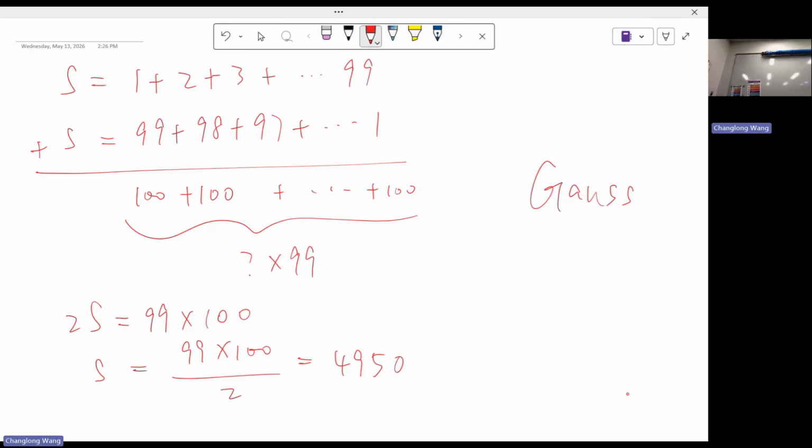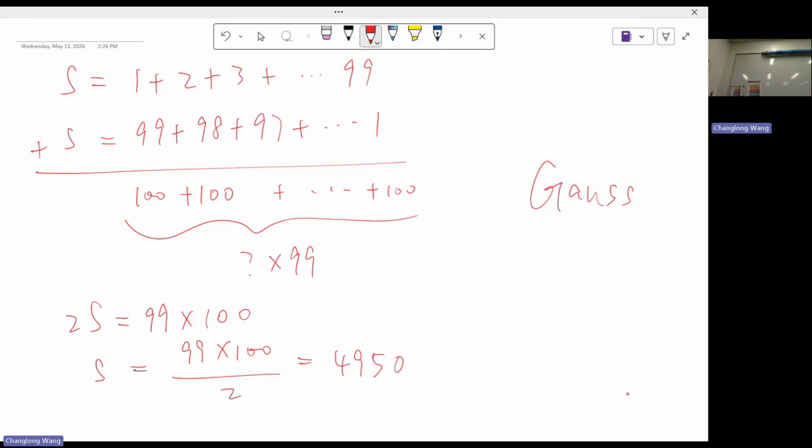Those two are the two famous geniuses in math. Mathematicians call them geniuses, which means they don't have to learn, they just figure it out. And I think one of those guys is called the prince of mathematics. I don't know if it's Gauss or Euler, maybe Gauss, because this guy's more romantic in the way he does things. So what happened is this guy figured this out in elementary school.